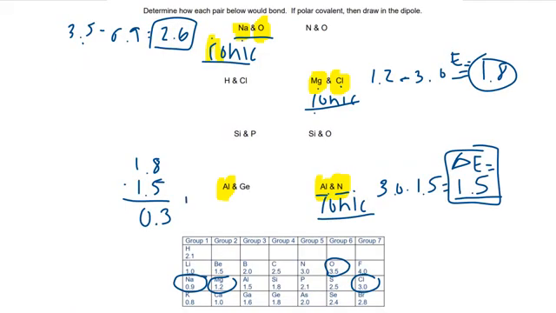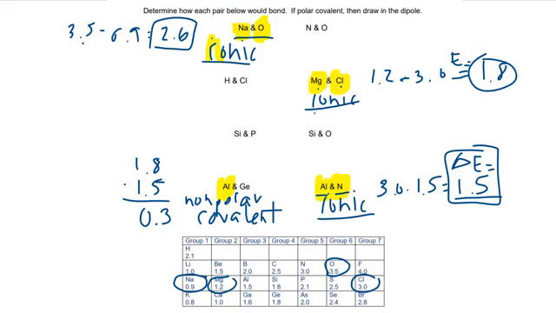So we're going to write non. And that's okay, that aluminum's a metal. Because Ge is not a non-metal, it's not going to be ionic. And the difference in electronegativity is so low that it is a nonpolar covalent compound.